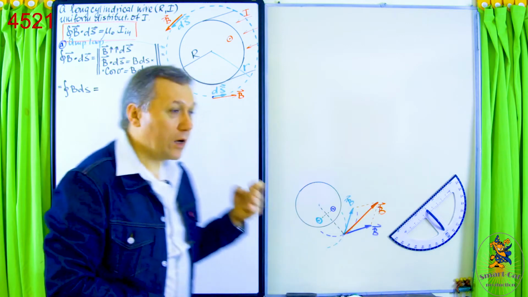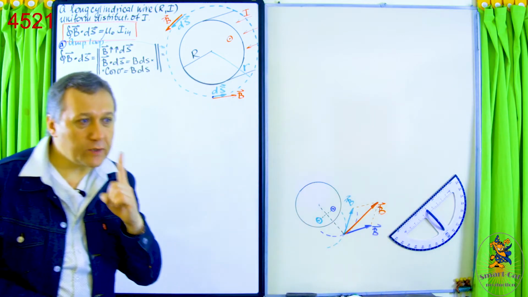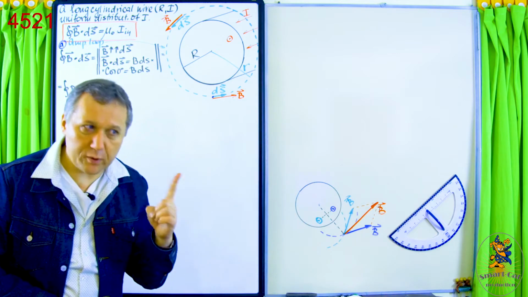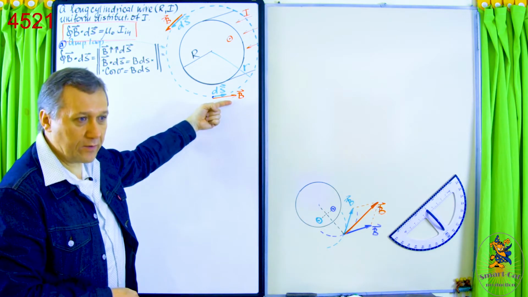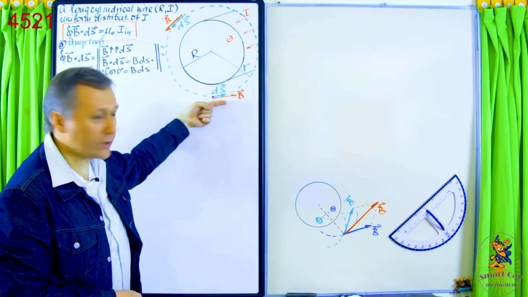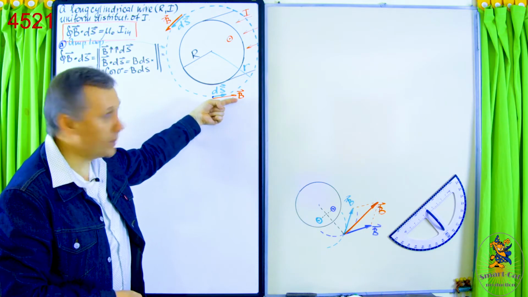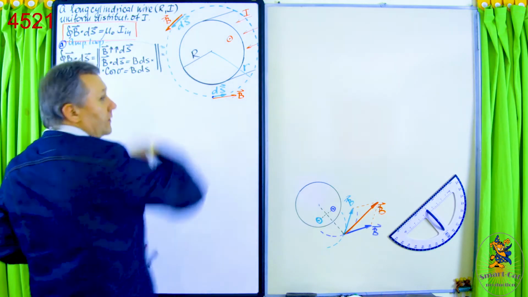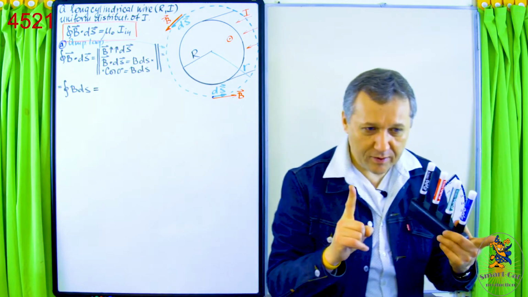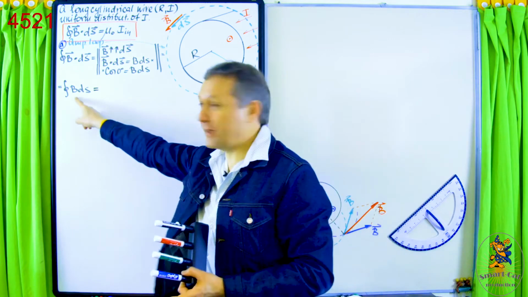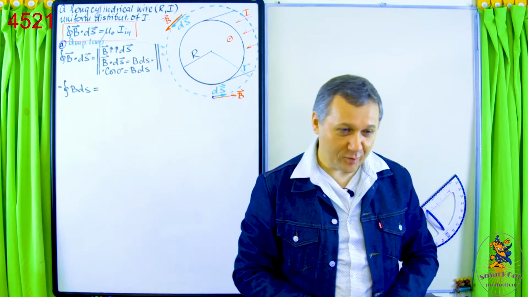So, again, I emphasize we're talking about the magnitude of the magnetic field only, because the magnetic field as a vector is not the same because of the direction. Here, direction of the magnetic field that way. Here, direction of the magnetic field that way. As vectors, those B's are not the same. But we're talking now about magnitude, and their magnitudes are the same.